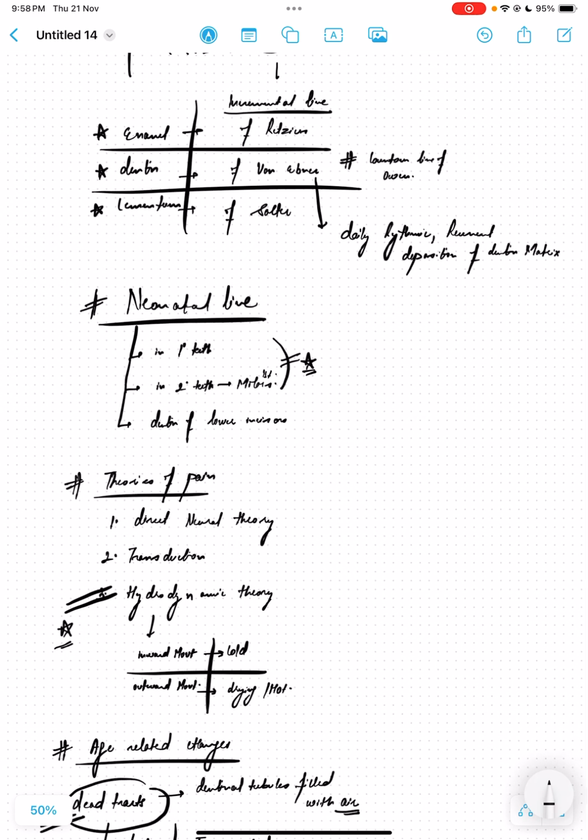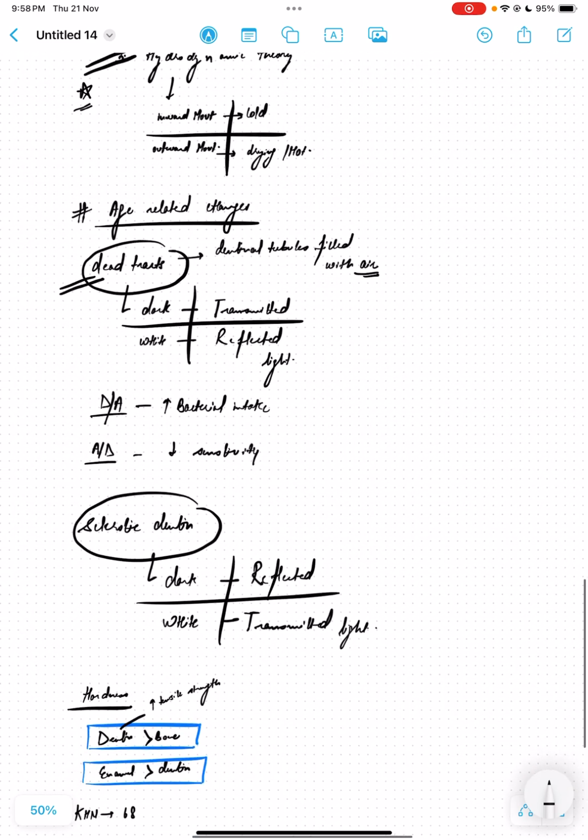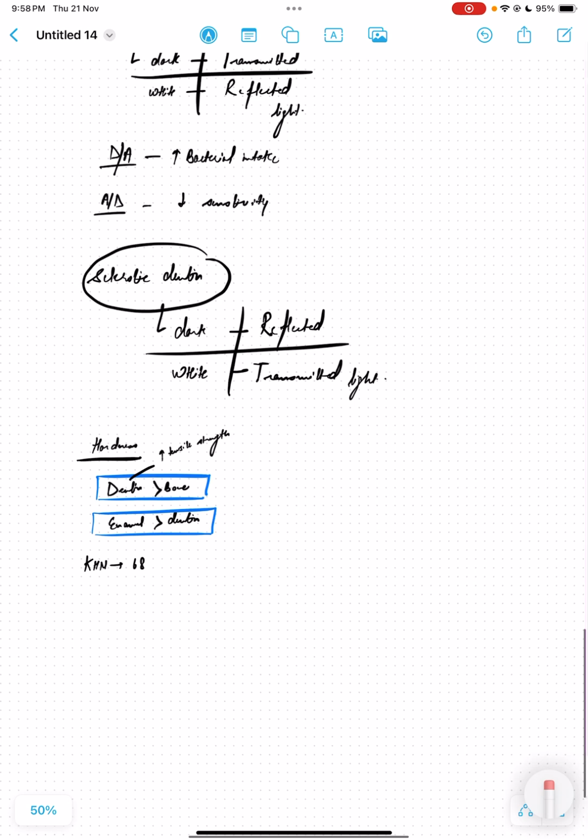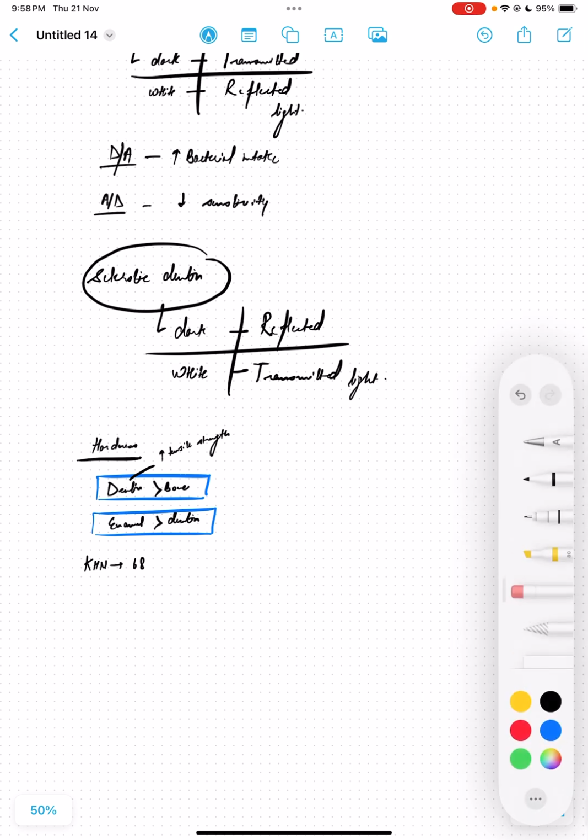The most common theory of pain in dentinal tubules is the hydrodynamic theory. What are the age related changes? What structures are seen dark in transmitted and reflected light? So this is all in brief about dentine. I think this video will help all of you somewhat.